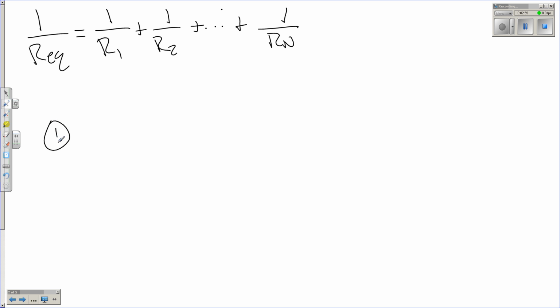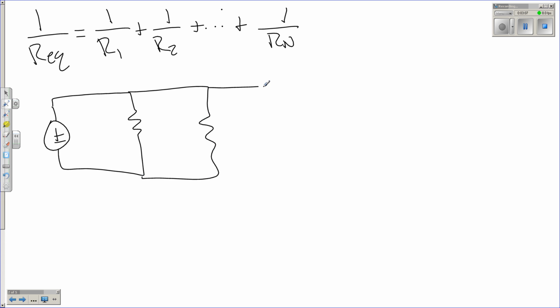Okay, well, let's go back to a circuit. We've got resistor 1, resistor 2, and resistor 3 in parallel. We've got some input current, again I0, and some voltage source, V0.